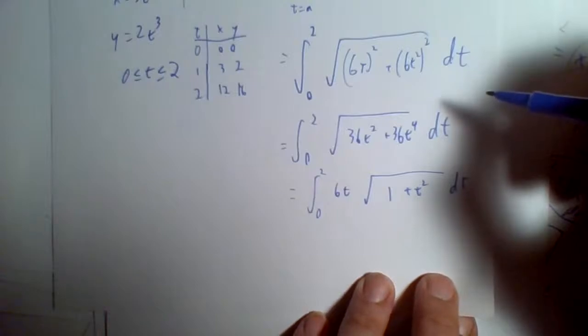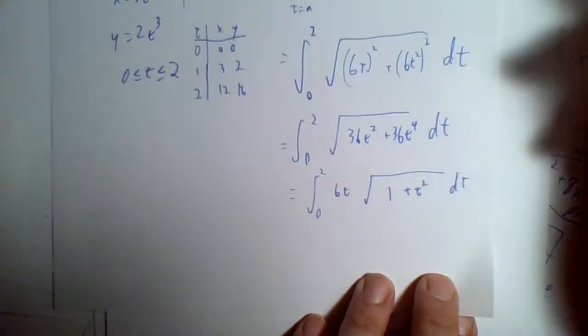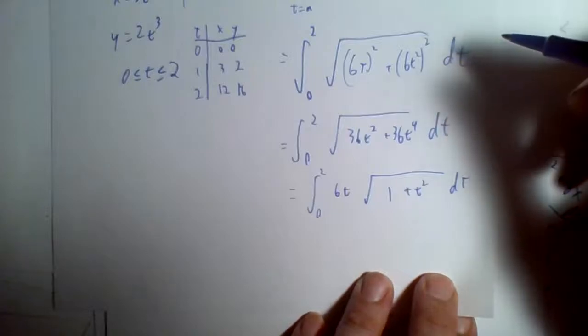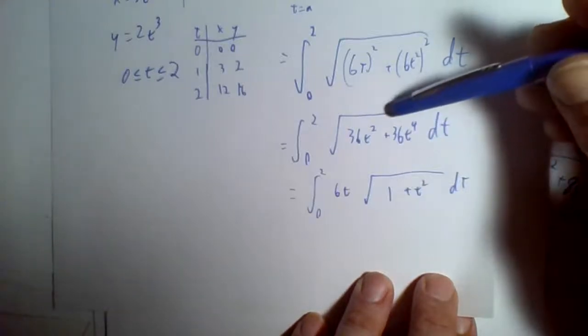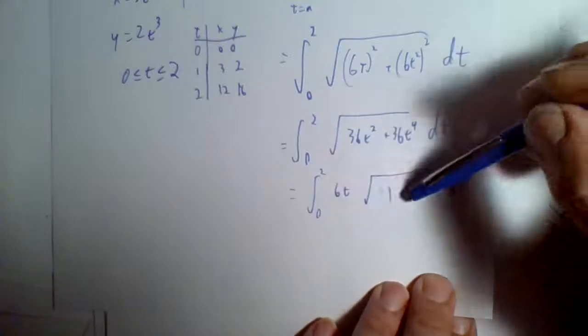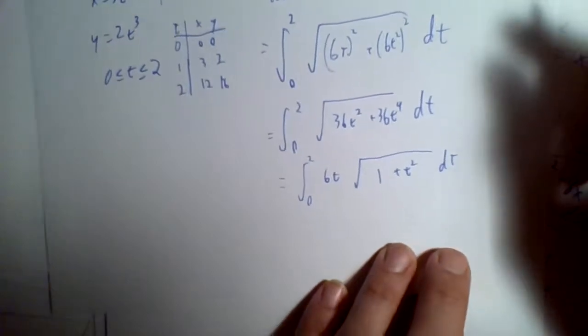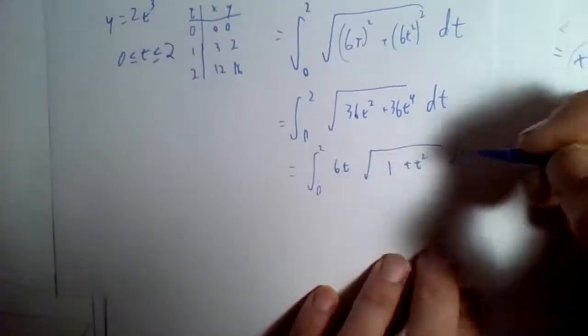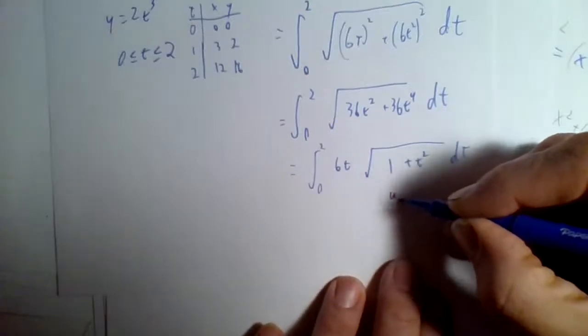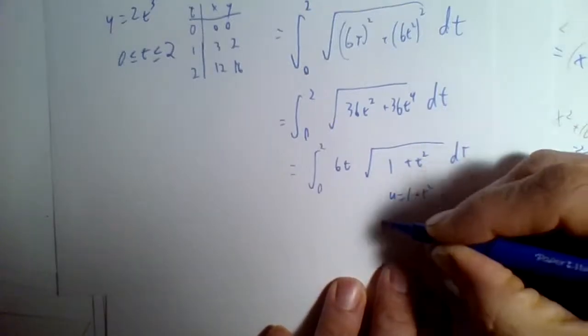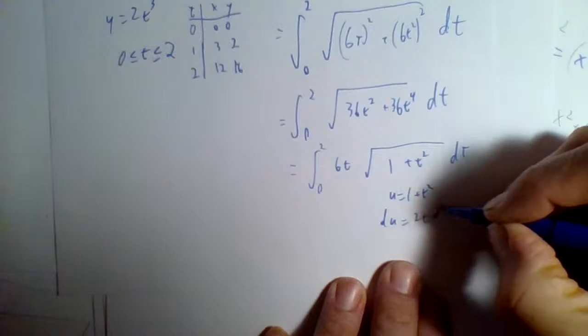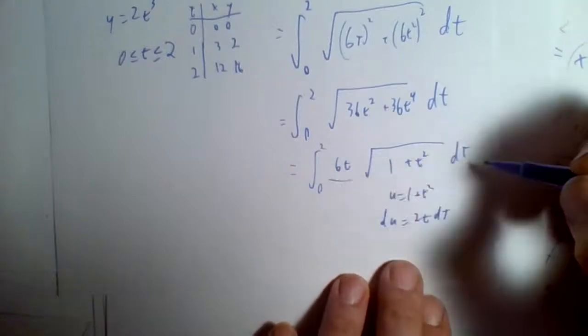That made it a nicer integral to deal with. With an integral of a big square root of something, you either have to get a nice perfect square, or you have to get something where letting u equal the inside will work, or you have to get one of your inverse trig forms. In this case, the u substitution is going to work nicely. So du equals 2t dt, and that does exist out here.